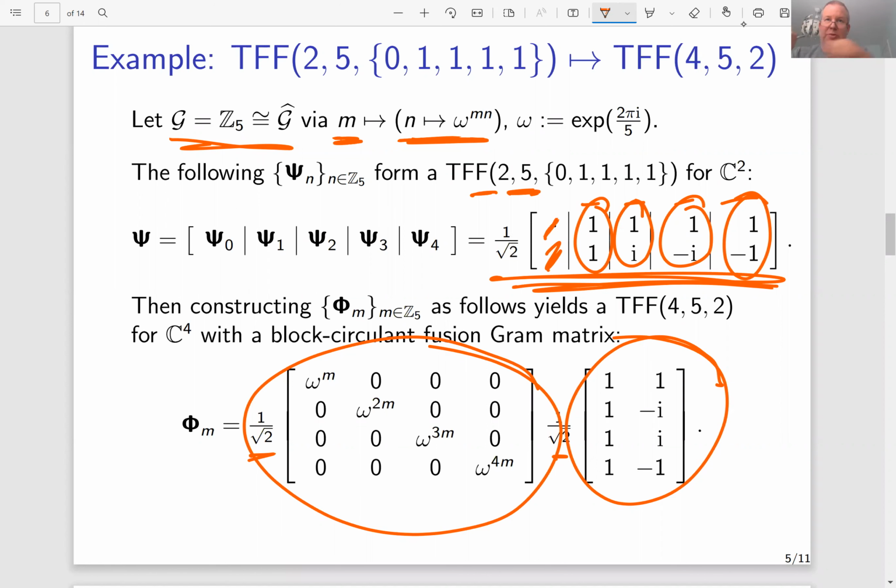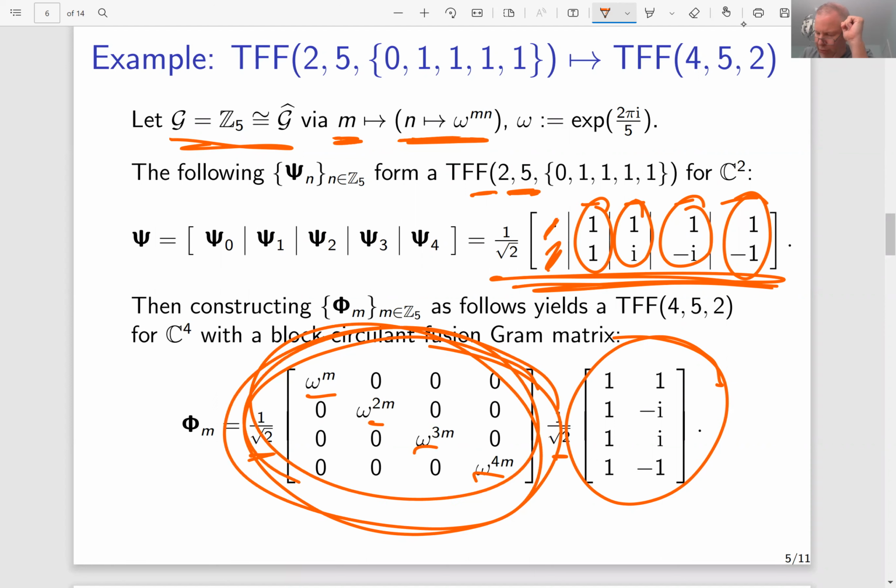And so I have a subspace labeled by group element 0 and a subspace labeled by group element 1, etc. This matrix has roots of unity showing up in it. And those roots of unity are indexed by the group in the exact same way. And because this omega in this particular example is a fifth root of unity, this matrix that I'm circling here is actually a 4x4 unitary operator of order 5.